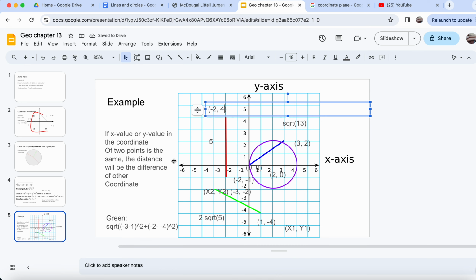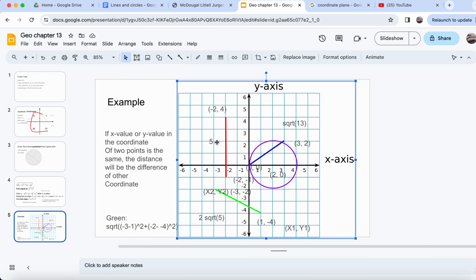So it is just 4 minus negative 1 equals 5. The distance is 5 for the red line.